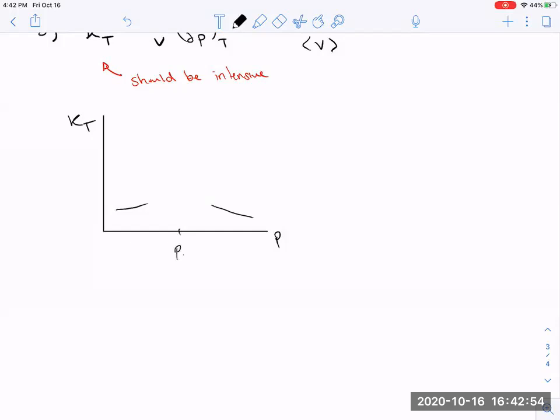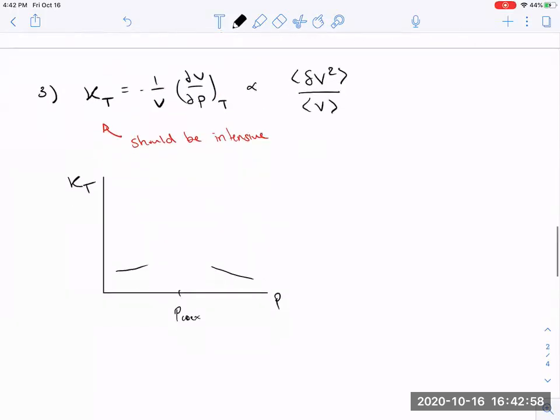But exactly at this coexistence pressure, that discontinuity means that kappa diverges. So kappa goes to infinity at the coexistence pressure. That means that fluctuations become infinitely big.